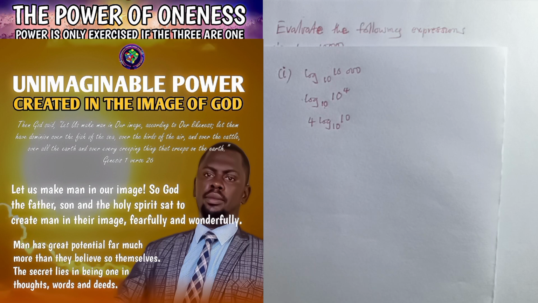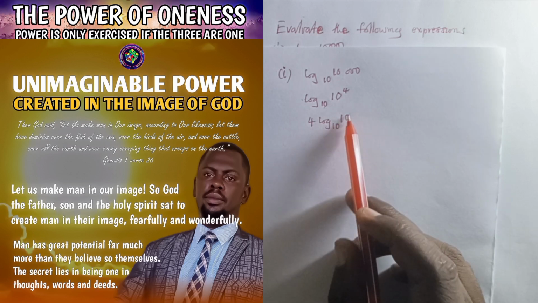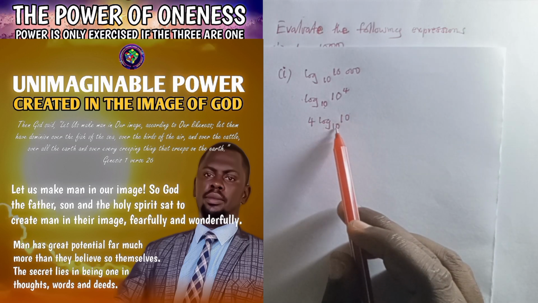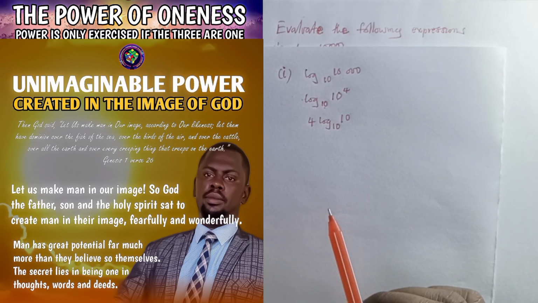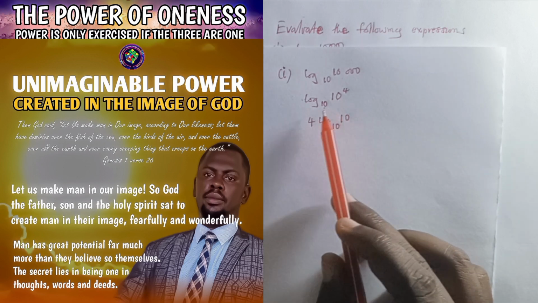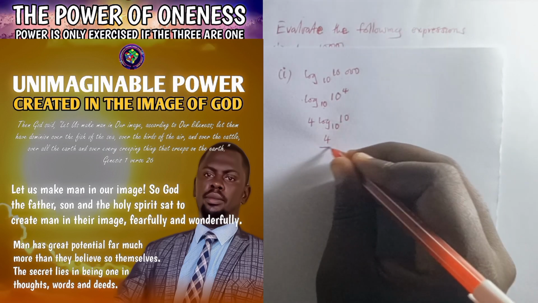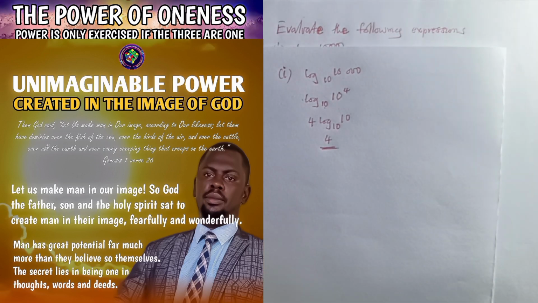Looking at log 10 base 10, the log and the base are the same, so log of 10 base 10 is 1. So we have 4 times 1, and we remain with just 4. So the answer there is 4.